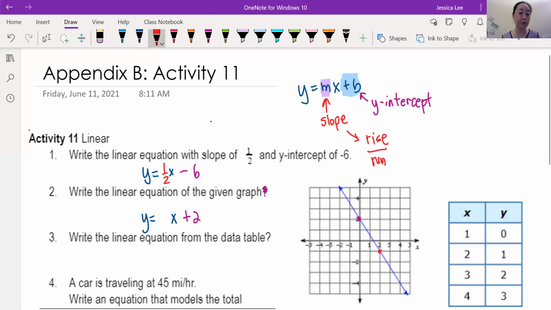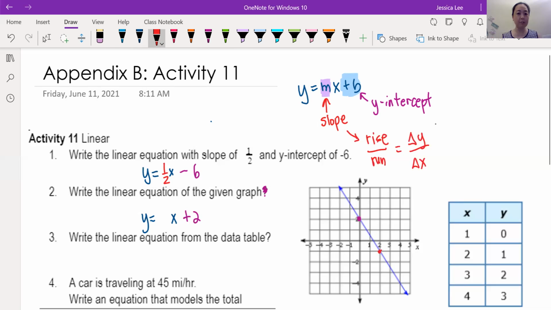The more official way of saying it is the change of y over the change of x. This delta right here just means change. It's the Greek letter delta, for our letter D. So it's the change of y over the change of x.